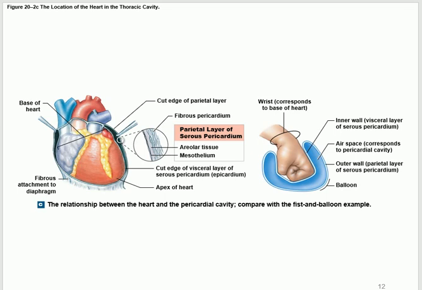There will be one layer that's adherent or touching your hand, and the other one is more outside, and there is a space in between, like this: the visceral layer of the serous pericardium, the parietal layer of the serous pericardium is outside, and in between, the pericardial cavity containing the fluid, the serous fluid.